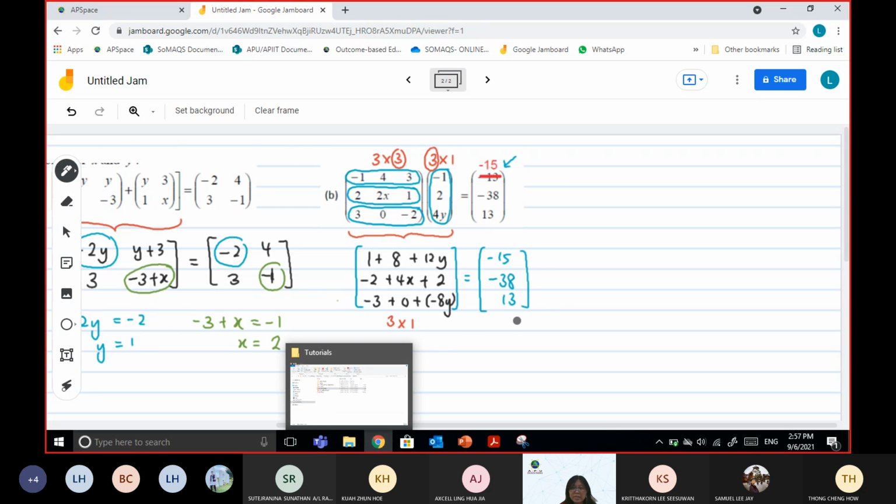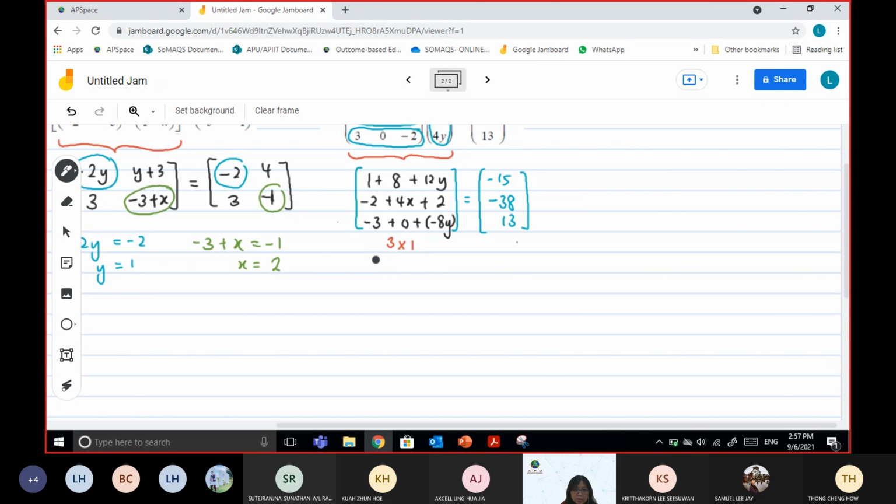So when we simplify this one, at the top we have 9 plus 12y, then negative 2 plus 2 is 0, so we have 4x, then negative 3 minus 8y. Okay, so this is after simplified. Then we will compare the values at the left and also the values at the right.